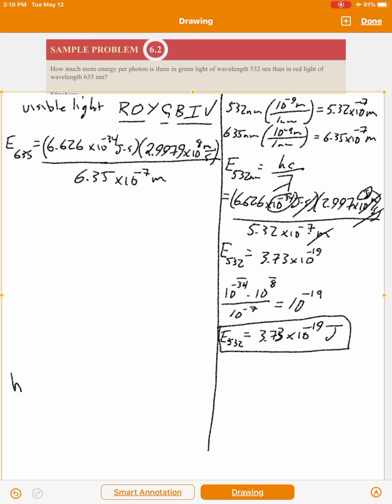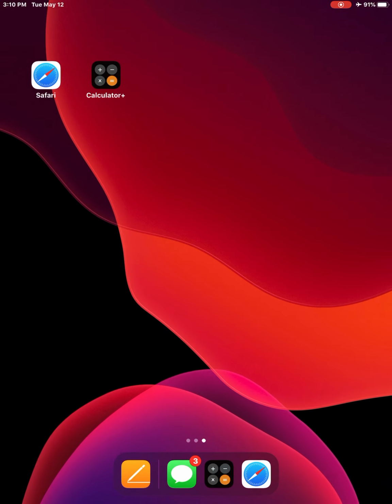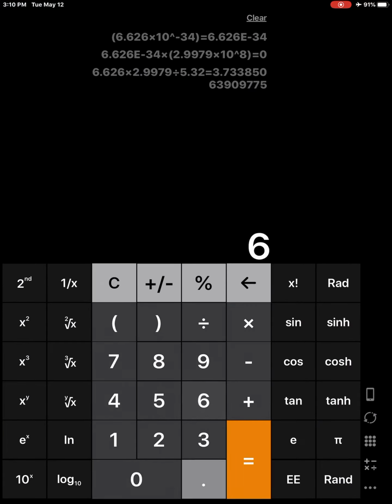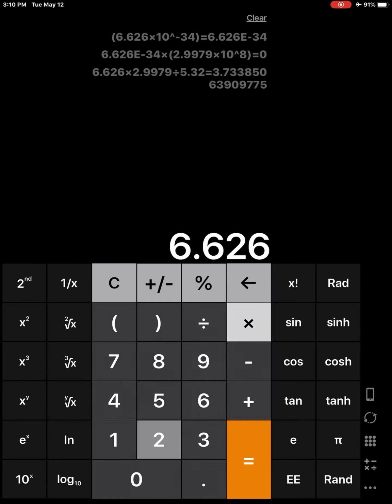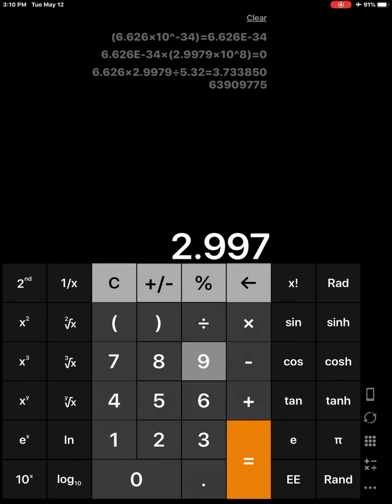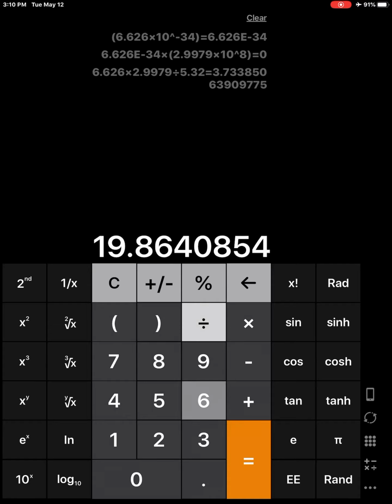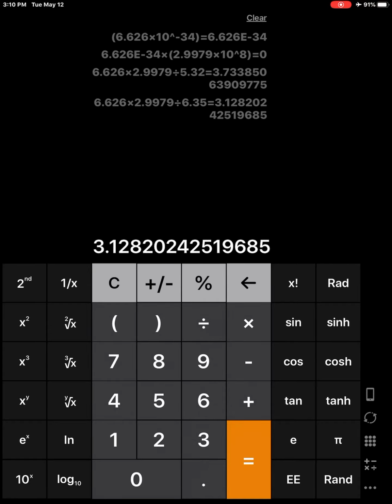Now let's do that calculation: 6.626 times 2.9979 divided by 6.35, and you get 3.13.